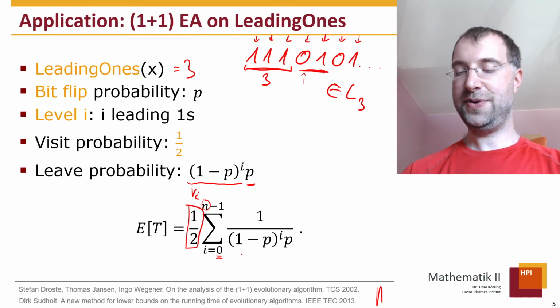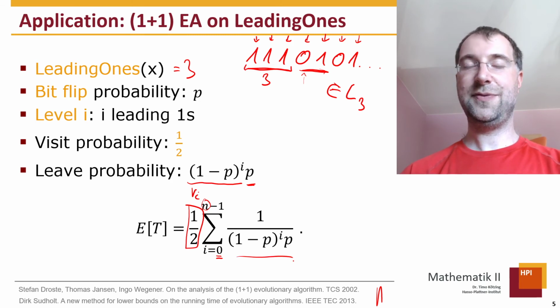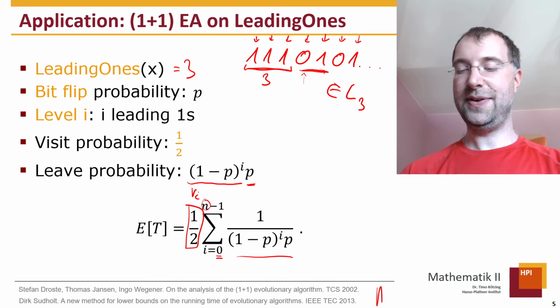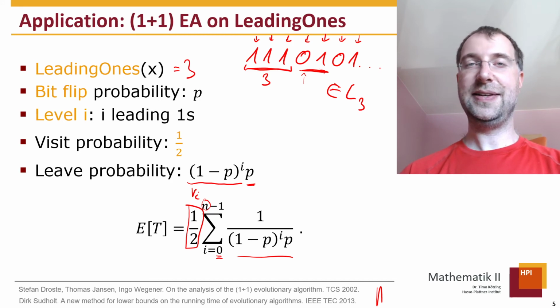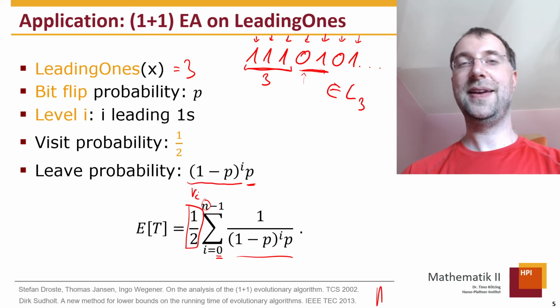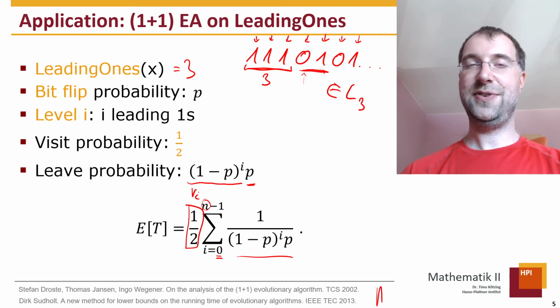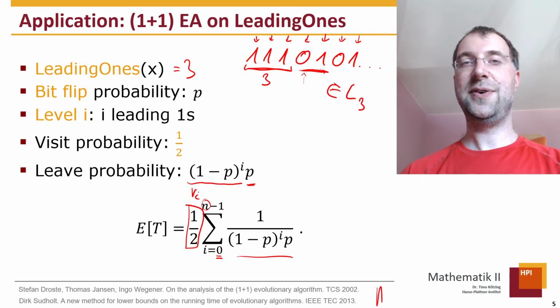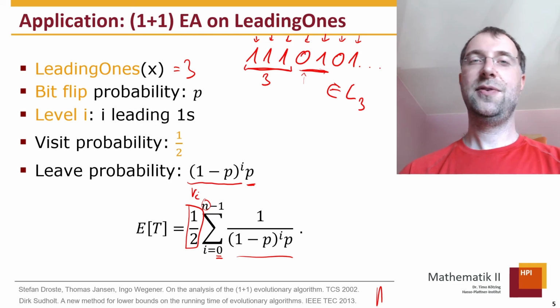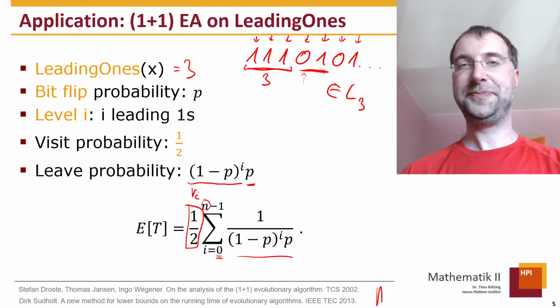You can now compute this sum if you want, or estimate it and get leading constants and so forth, or plug in the p that you prefer, for example 1 over n. So with this formula you can do all kinds of things, but for us of interest is just that we can use our fitness level method with visit probabilities to get this accurate runtime rather quickly and easily.